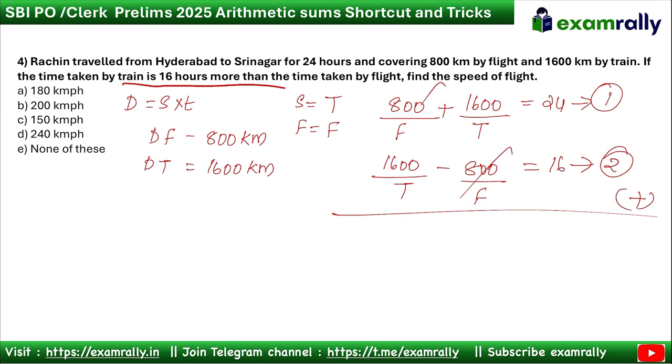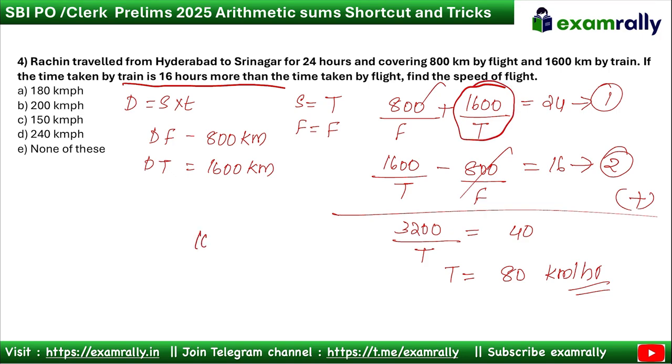If we solve, we can easily find that 3200 by t equals 40, which means the t value will be equal to 80, that is 80 kilometers per hour. Once the speed of the train is 80 kilometers per hour, 1600 by 80 is equal to how much? 20. 20 will be the time taken by the train.